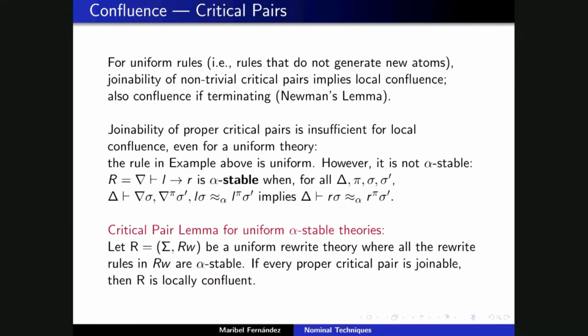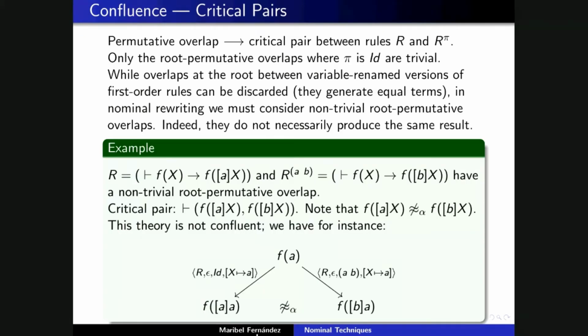The only thing is that always being careful that we are dealing with rules with atoms. So in particular, if your rules are not closed, you need to be careful when you are looking at superpositions. Some things that seem obvious in first order syntax might not be obvious when you are using non-closed rules.